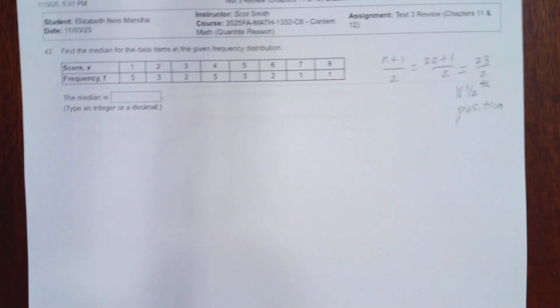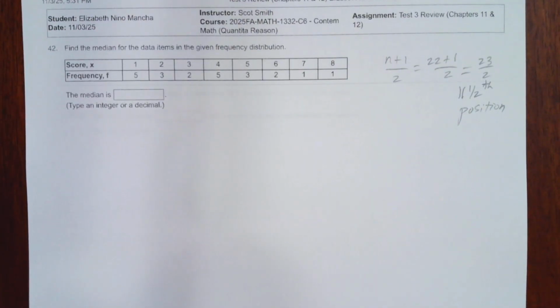What that means is, notice there's 22 pieces of data, so we know there'll be 2 numbers in the middle. So basically you'll take the average of the number in the 11th and 12th position.